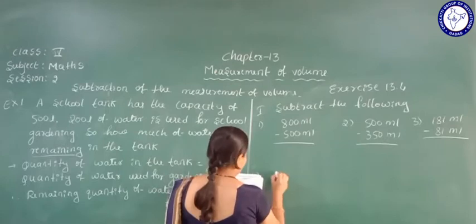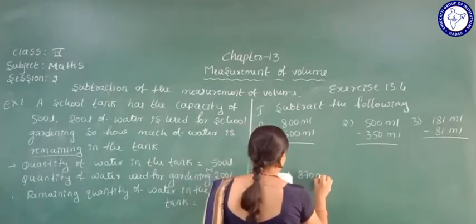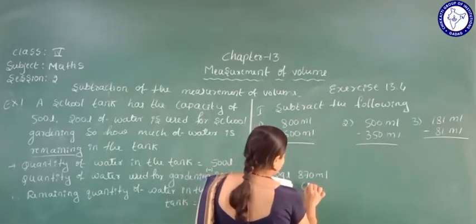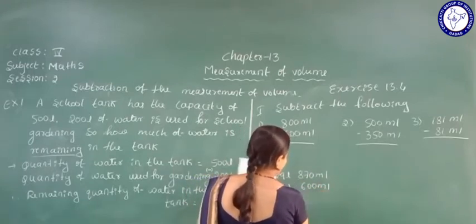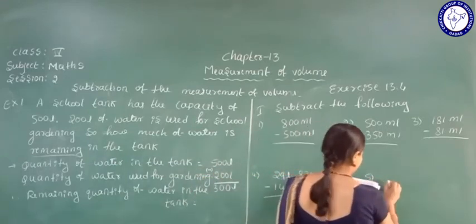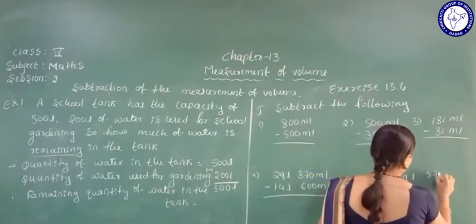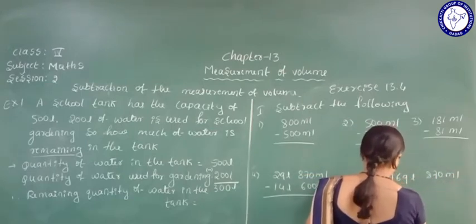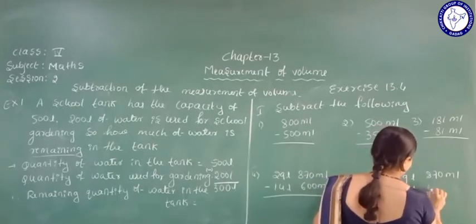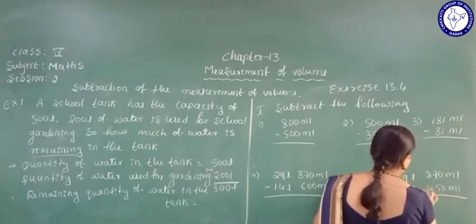Fourth one, 29 liter 870 ml minus 14 liter 600 ml. Fifth one, 169 liter 870 ml minus 25 liter 450 ml. So we'll subtract now.